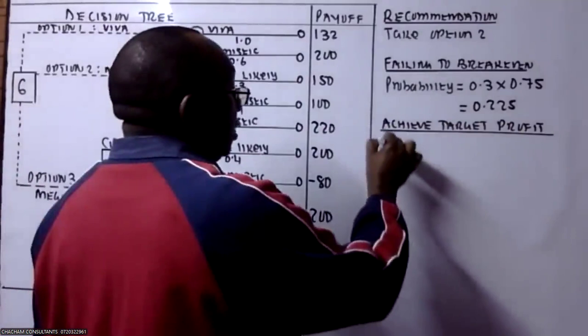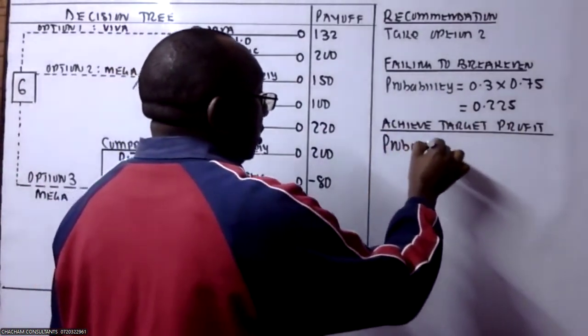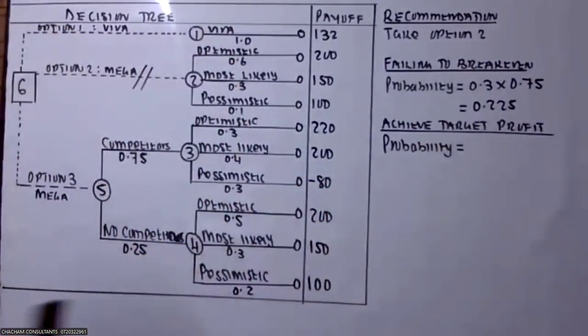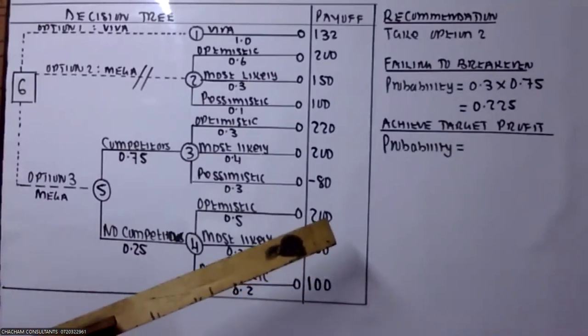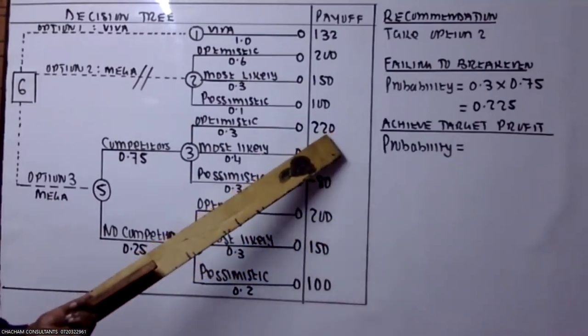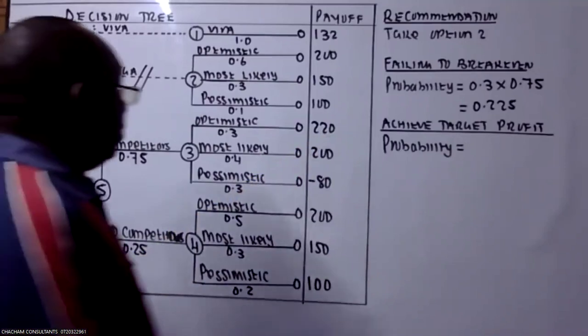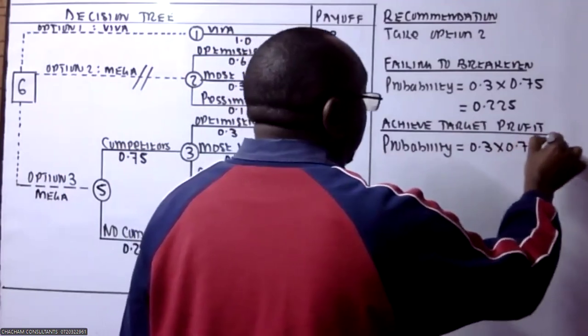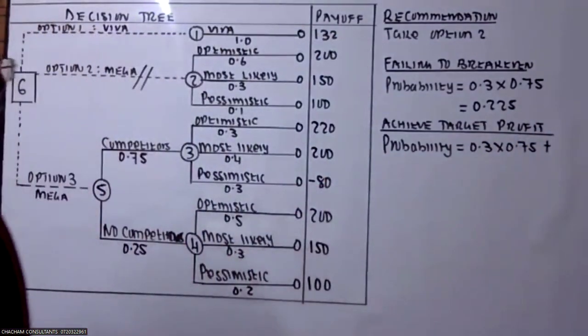So the probability is where you are going to achieve. Tumeambiwa the target is to achieve 180. So it is 180 or more. So where we have 180 or more, ya kwanza in option 3, tuko na hii, this one. So it will be 0.3 times 0.75 all. So when you say all, it becomes plus.